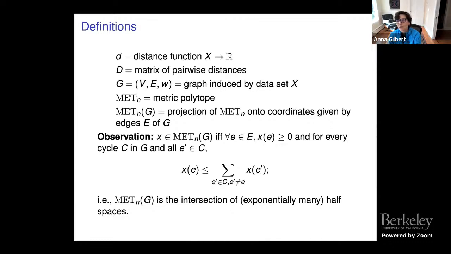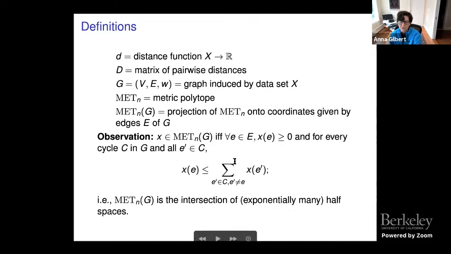It's important to observe that the generalization of the triangle inequality for a generic graph is a cycle inequality, or cycle constraint, if you will. You should have no edge in any cycle that is longer than the sum of the edges in the rest of the cycle.